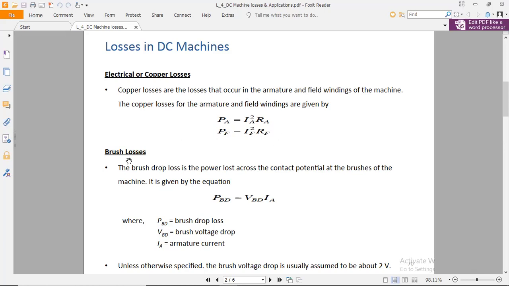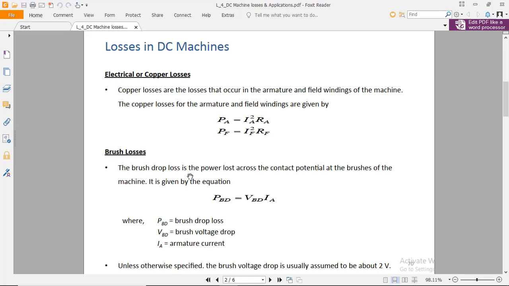Coming to the next topic, brush losses. I already told you that the brush is a part by which we provide the supply or take in the supply from a DC generator or motor. So the brush is a key part in a DC motor or DC generator. Brushes are mainly called carbon brushes.